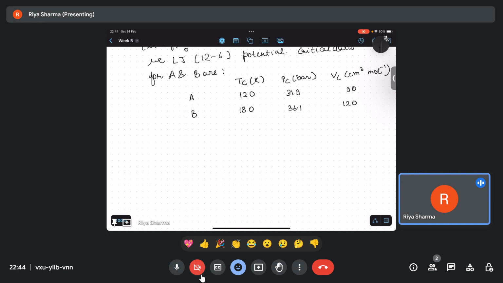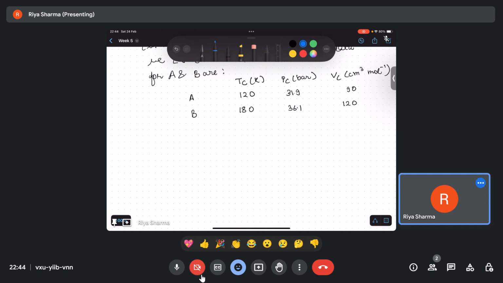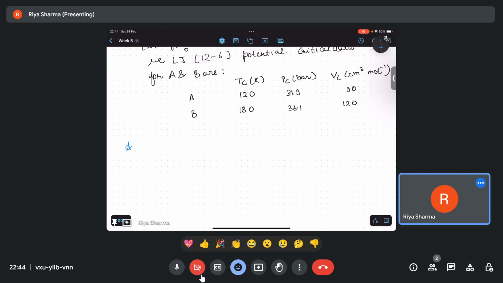So we are already given, I hope you have tried. We have already been given the potential energy of AA is equal to minus 8 into 10 raised to the power minus 16 erg.